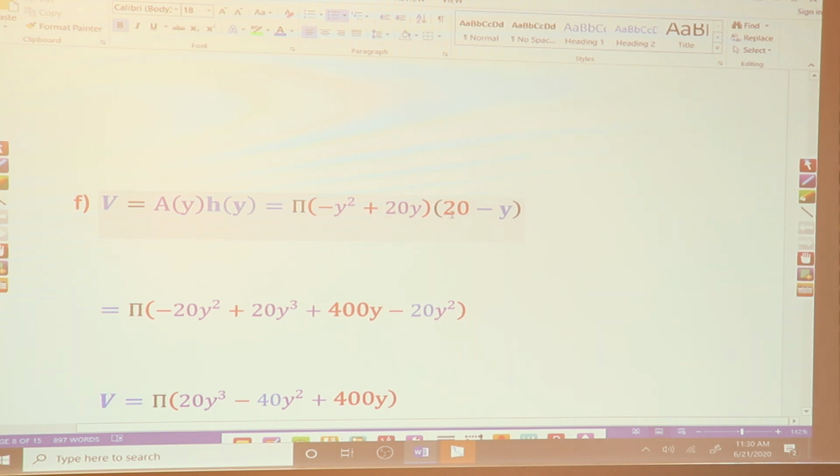Negative y squared times 20, negative 20y squared. Negative y times negative y squared, positive y cubed.